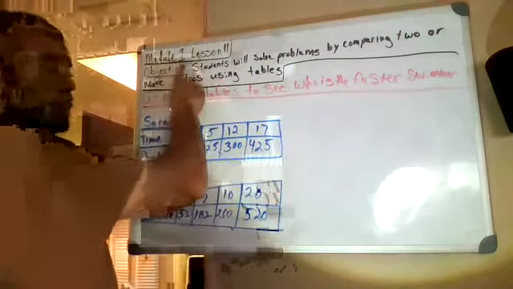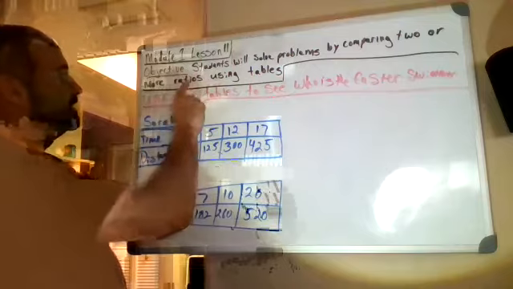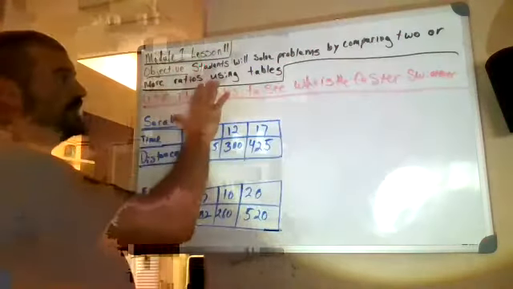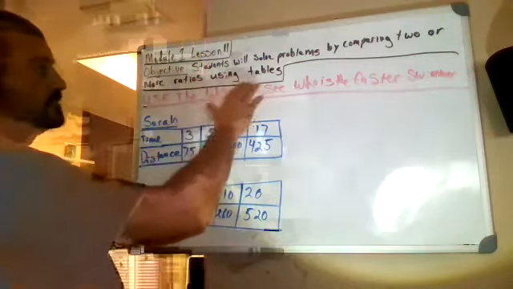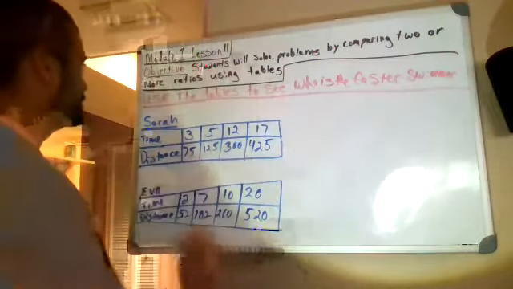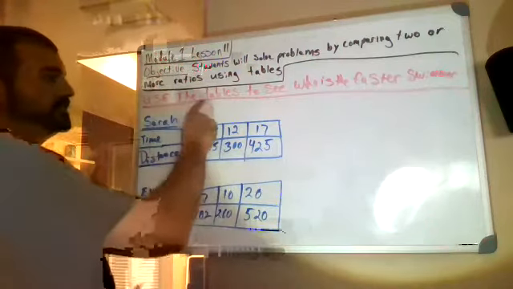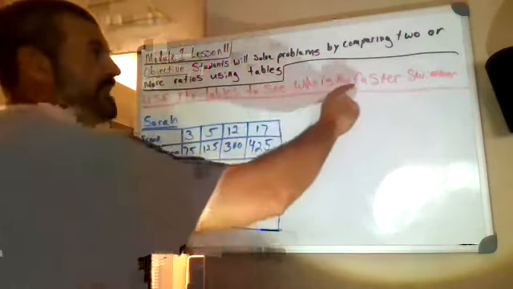We're doing Module 1, Lesson 11, and it says here, students will solve problems by comparing two or more ratios using tables. I should say ratio tables using data, but that's okay. The question is posed: use the tables to see who is the fastest swimmer.